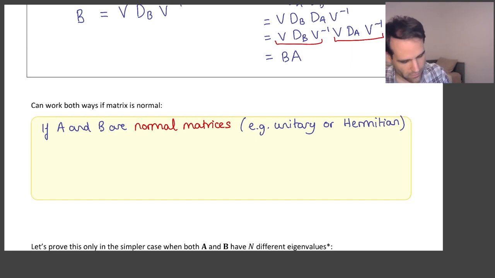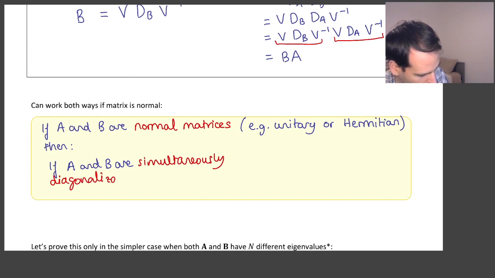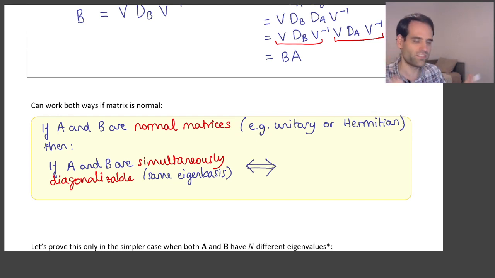So if this is true, then you can write the following theorem. If A and B are simultaneously diagonalizable, in other words, they have the same eigenbasis, then this happens if and only if, which means these two statements will be equivalent, A and B commute with each other.